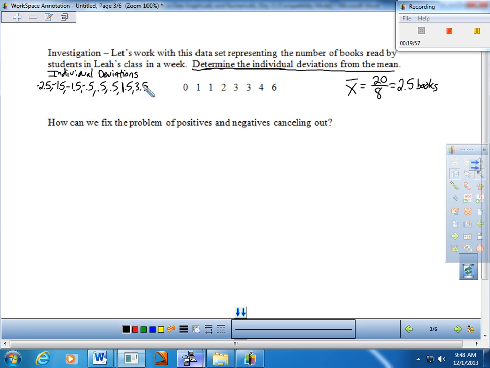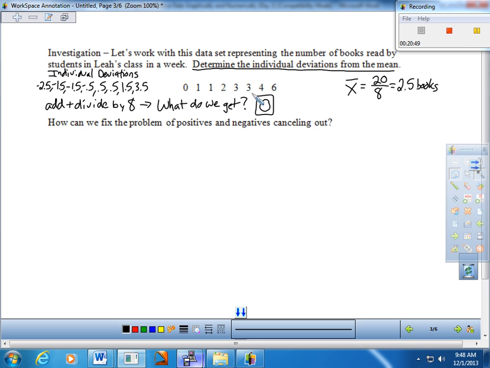So let's see. Here's what I'm going to ask you to do. Add and divide by 8. What do we get? And in this case, when you add them up and divide by 8, we end up getting a big fat 0.